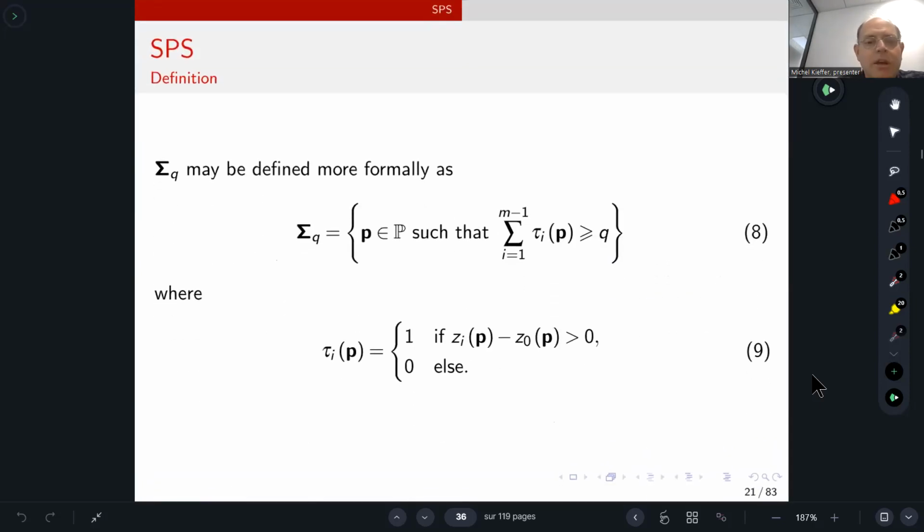We can define this a little bit more formally here. Sigma q is the set of all p belonging to the search space such that the sum of this indicator function is larger than q. And what is this indicator function?